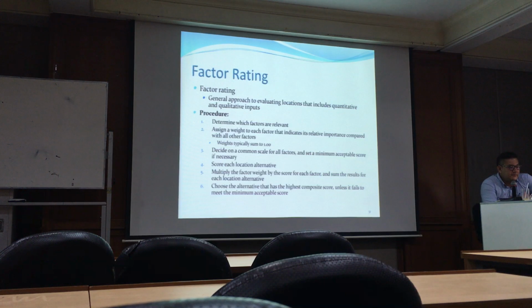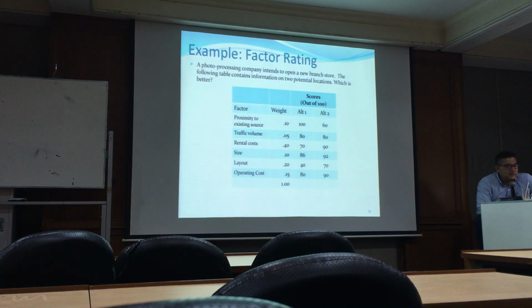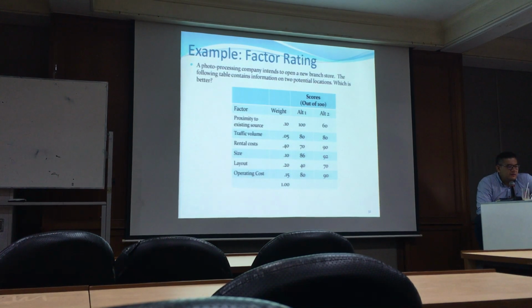For example, this is the factor rating. You have 2 alternatives, and you might think the company is a photo processing company that is going to open a new branch store. This is the list of the factors that are important, including traffic volume, layout, operating cost, something like that.